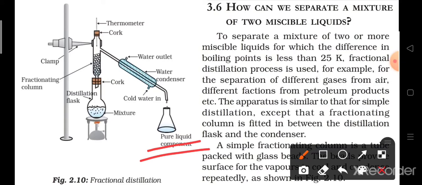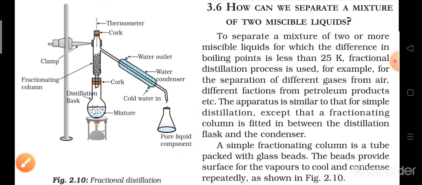That is, the pure liquid component is obtained, and the liquid of higher boiling point is left behind in the distillation flask. This is how we can separate two miscible liquids whose boiling point difference is less than 25 Kelvin.